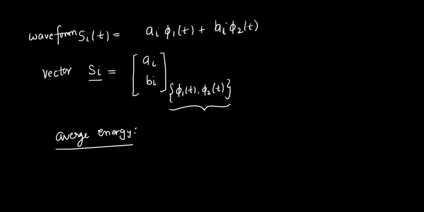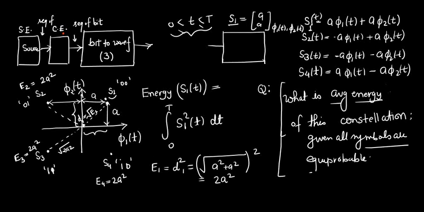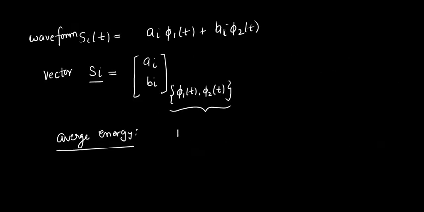So, you will ask, when I asked this question, I told you that all symbols are equiprobable, all waveforms are equiprobable. So you would say 1 by 4 times S1t will come out, therefore the energy would be E1, this is average energy, plus 1 by 4 times E2 will come. This is weighted average, okay? Yes, weighted by their probabilities.